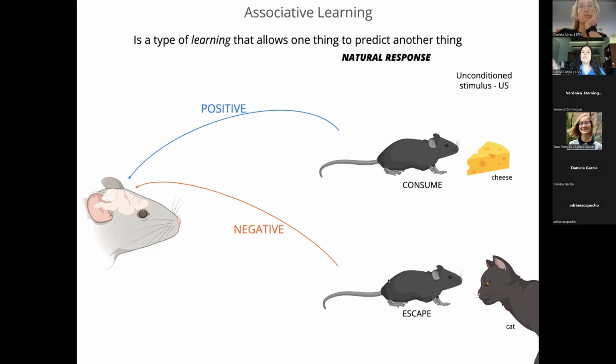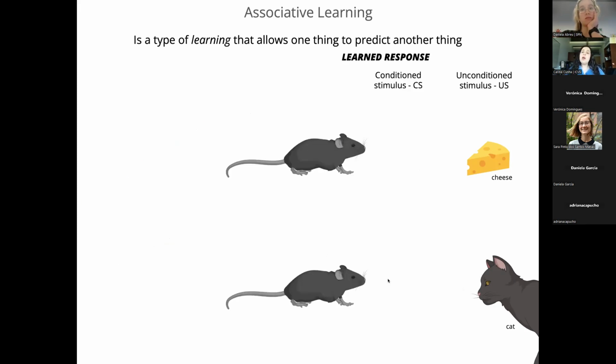This negative signal will be sent to the brain, and the animal will probably learn that, for example, the smell of the cat, or a visual cue that may predict the presence of the cat, is negative to its survival. As learning progresses and the number of exposures to these stimuli increases, the animal will eventually be able to predict the potential presence of the reward or the aversive signal.